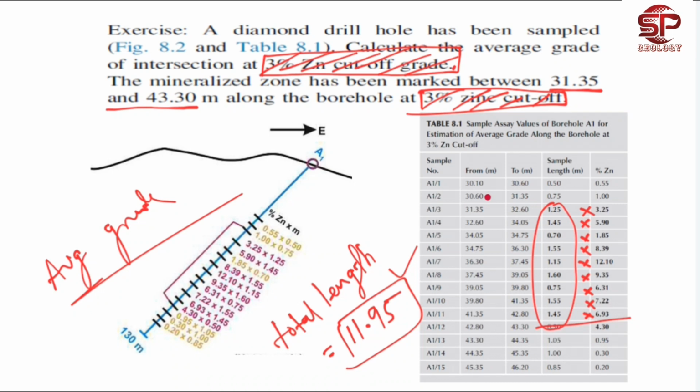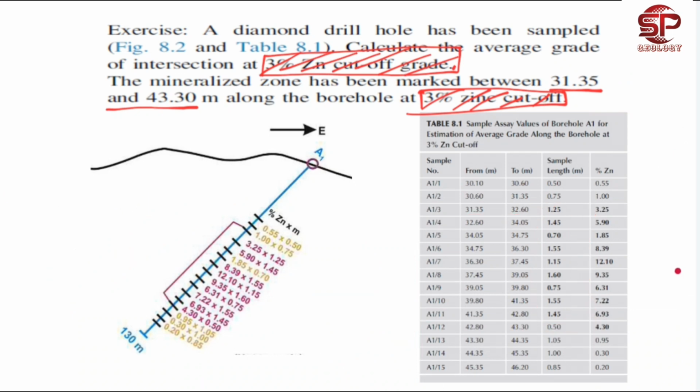Yes, you have to add 3.76. 31.35 to 32.60. This portion is below 31.35, so this is not mineralized, right? Yes, sir. So your grade will be something like 7.56 or something.